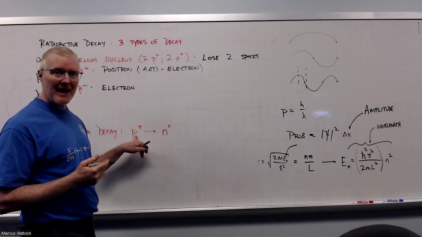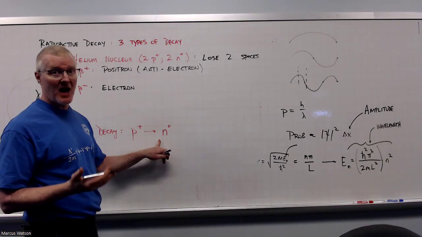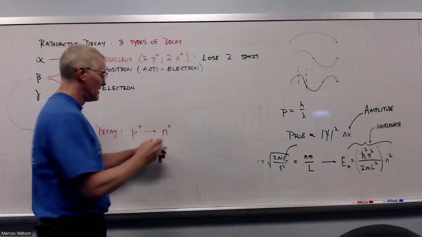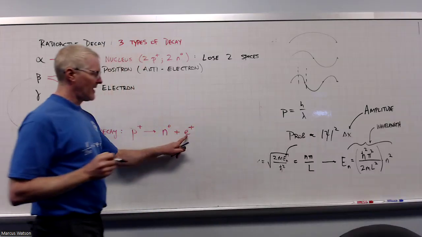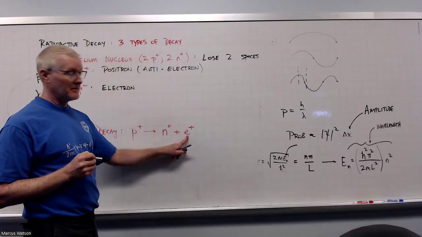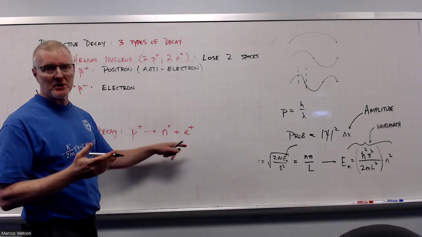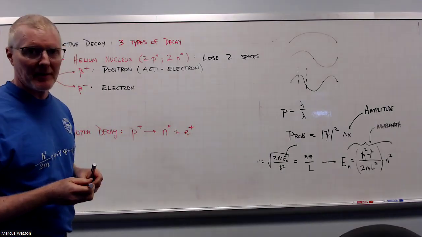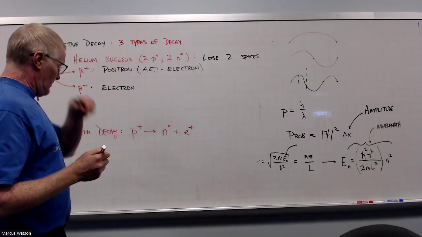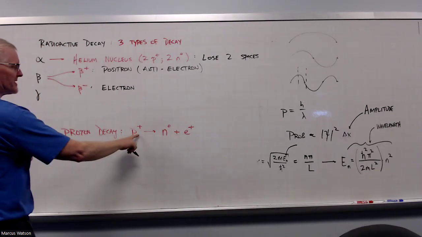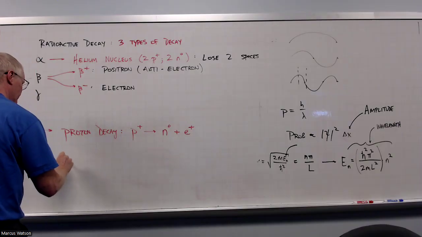And you can't just have positive charge and then not, as far as we know. Therefore, it's going to emit a positively charged electron. And it's also going to emit a neutrino, but I'm just going to say we don't really care about that right now. Okay? So this is beta positive decay.